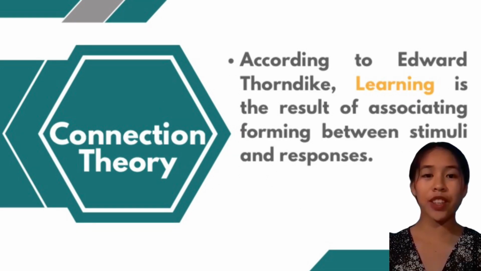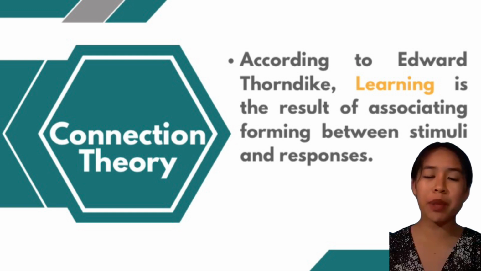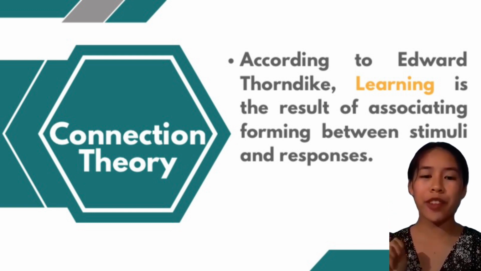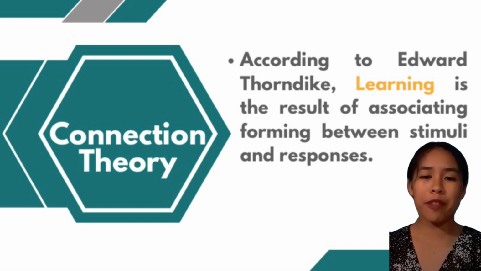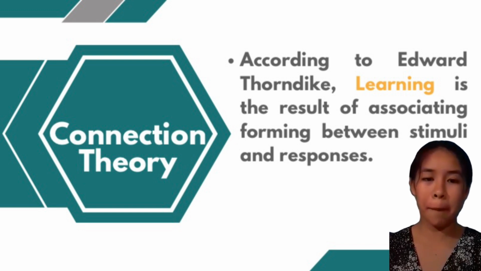Second one is connection theory. According to Edward Thorndike, learning is a result of association forming between the stimuli and response. Example for this theory was from Thorndike's experiment, in which a cat learns to escape from a puzzle box by pressing a lever inside the box.